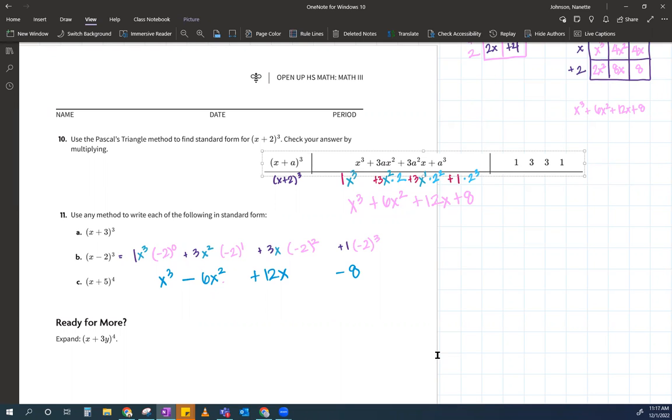Yeah, they're alternating. Not the exponents. I'm talking about the operations, the minus and the plus. They're alternating, right? Minus, plus, minus. Anybody have any conjectures on why they would alternate?